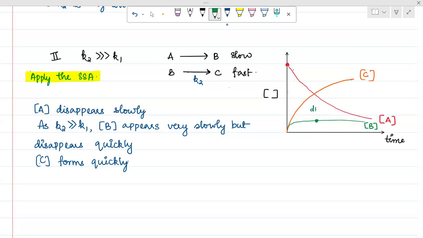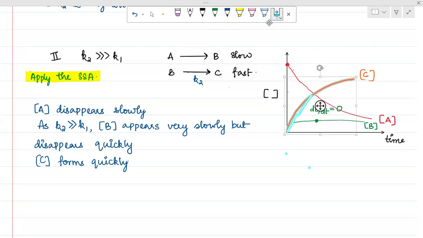So dB by dt is equal to 0. Correct? Because it is almost linear. Why is it linear? The moment B is formed, it is disappearing. It does not have time to increase at all.